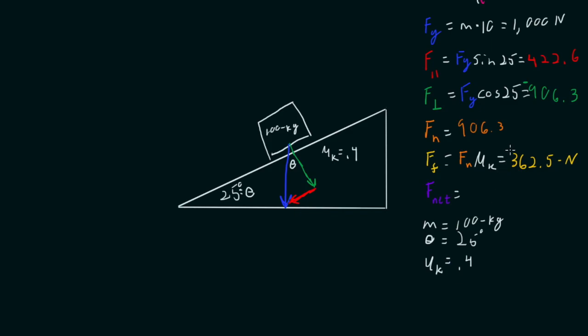And then my F net, that should be negative by the way, my F net will be my force of friction plus my force parallel, which should be negative 362.5 plus 422.6. And that'll be a total net 60.1 newtons. So we should have a pretty good idea of how to solve these types of problems now.